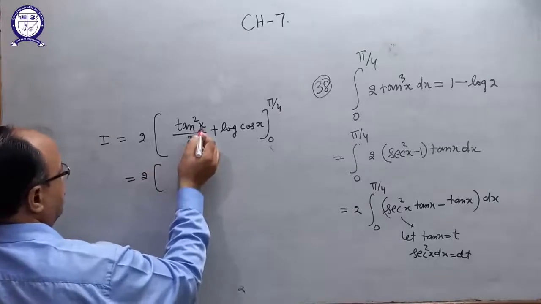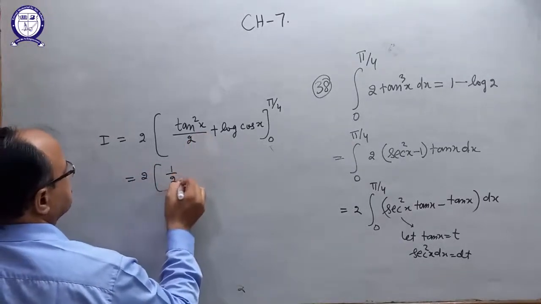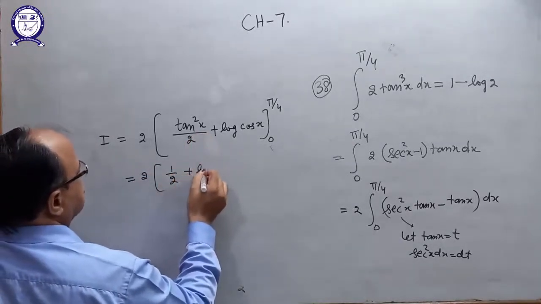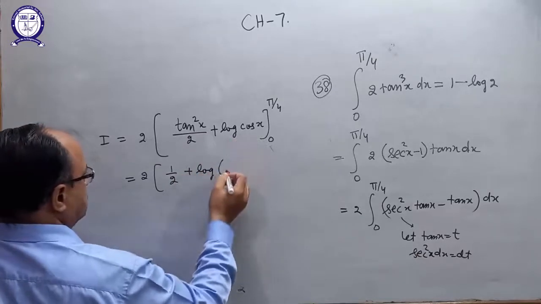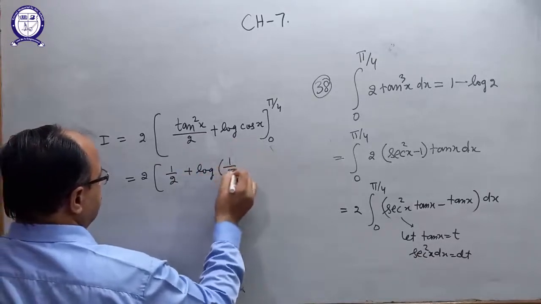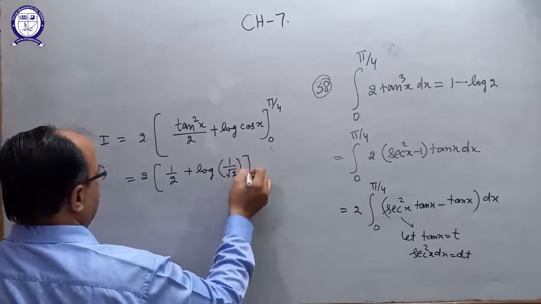When you apply pi by 4 here, tan pi by 4 is 1, and log cos 45, that is 1 by root 2.